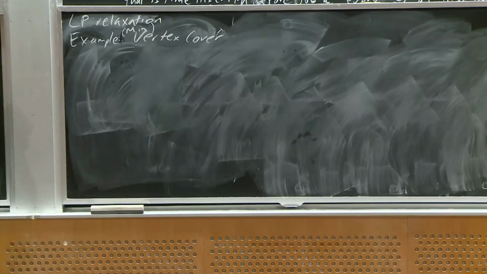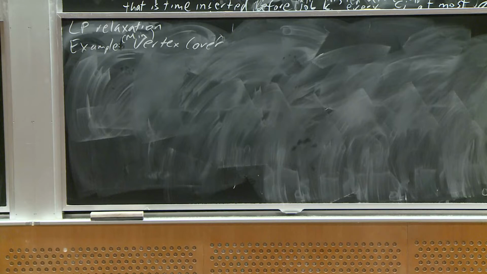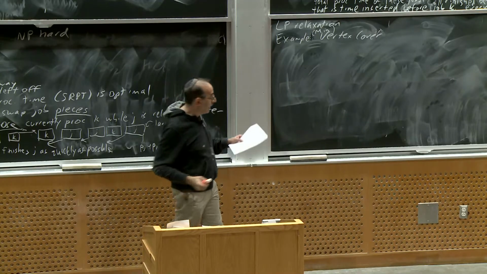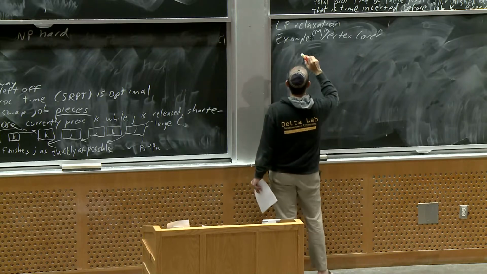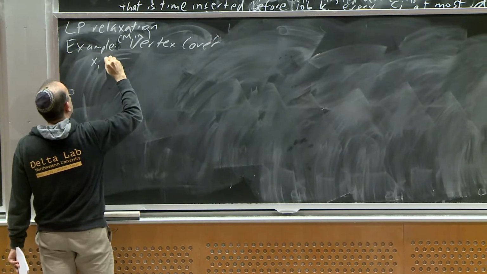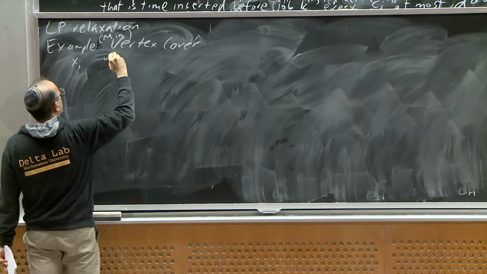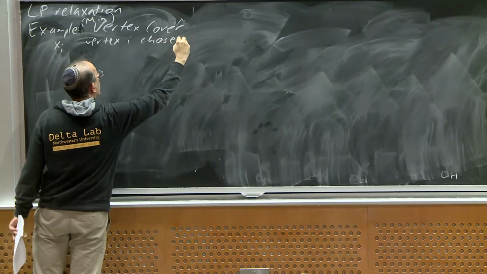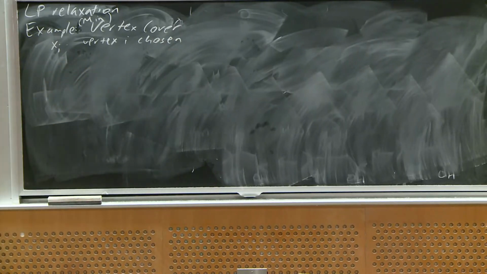Why are they called LP relaxations? Because what I'm going to do is write our problem as a linear program. So for vertex cover in particular, I'm going to have a variable x_i, which denotes the fact that vertex i is chosen. So you can think of this as a Boolean, right?